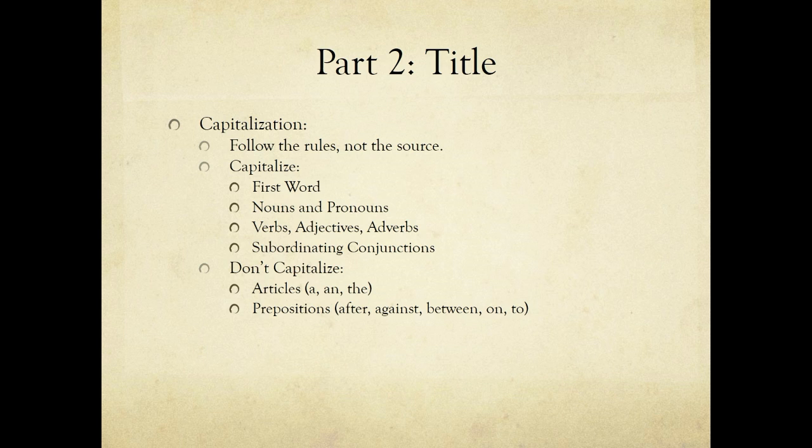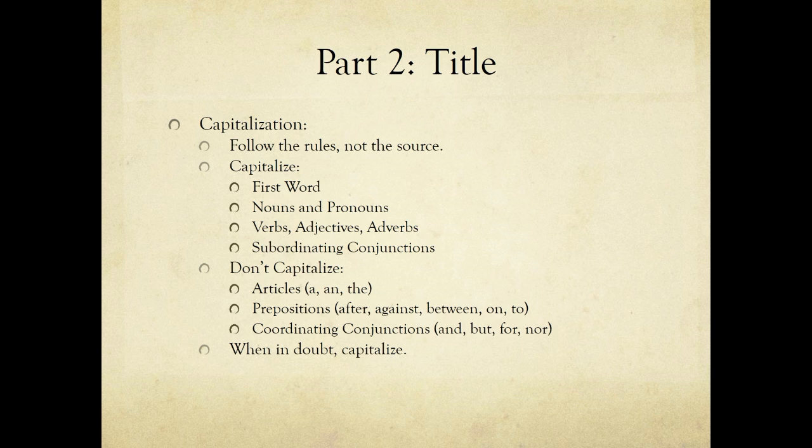And you also don't want to capitalize coordinating conjunctions like and, but, for, or nor. The difference between subordinating conjunctions and coordinating conjunctions can be really confusing because, especially for subordinating conjunctions, they can often take the place of different parts of speech depending on where they fall in the sentence. When in doubt, however, it's probably best to leave the things that you absolutely know are supposed to be in lowercase, and then just capitalize everything else.